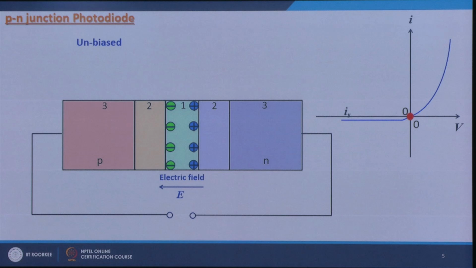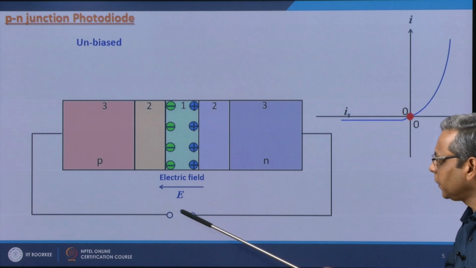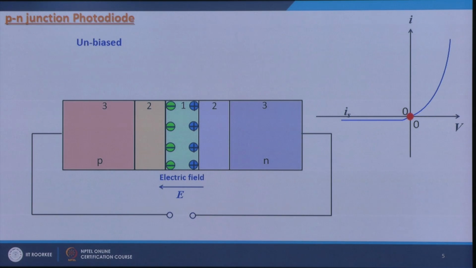And if I look at the IV curve of this PN junction diode, then it is something like this. If you do not apply any bias, then you are somewhere here, no applied voltage, no current. When you forward bias it, then you get a forward bias current like this, and when you apply reverse bias, then you will have reverse saturation current like this, a very small amount of reverse saturation current.